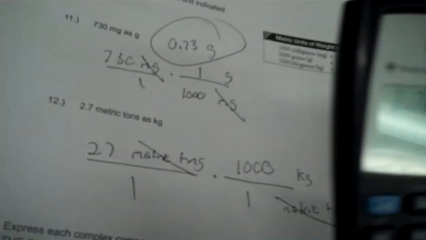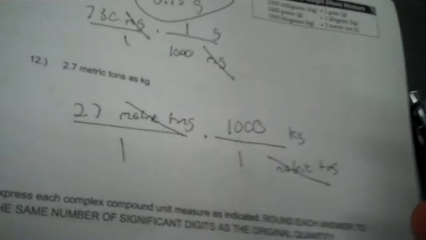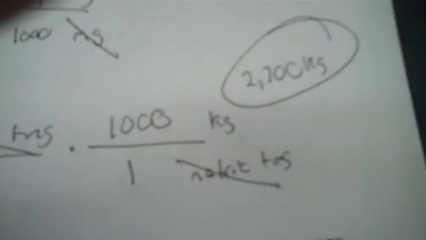So 2.7 times 1,000 is 2,700 kilograms. Now you're converting compound unit measurements. That's when you put the 12 meters over 1 second, instead of just an empty 1.